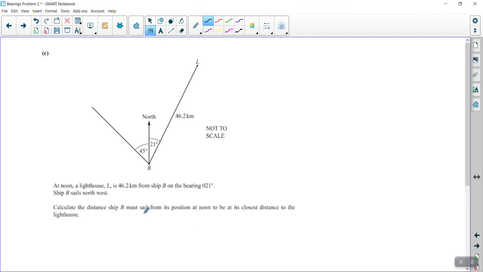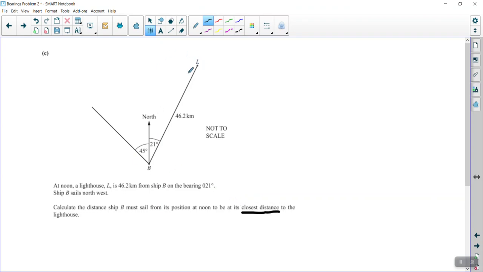Calculate the distance the ship B must sail from its position at noon to be at its closest distance, underline this part, closest distance to the lighthouse. Now this requires prior knowledge that the closest distance is always the perpendicular distance.